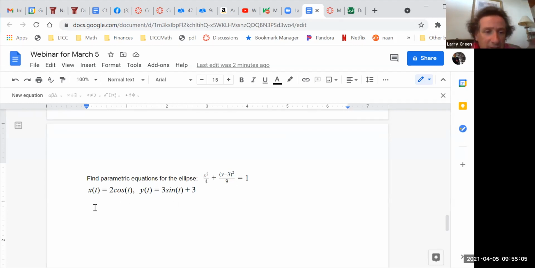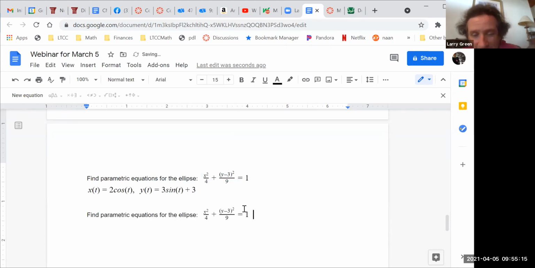Here's another question. I'm going to copy and paste. So if we do this, then we'll end up going counterclockwise. What if we want to go clockwise?